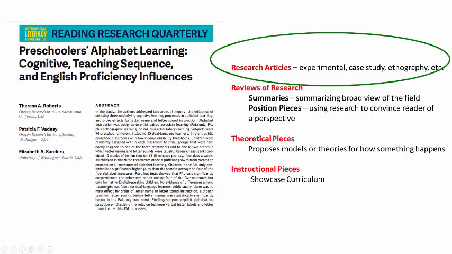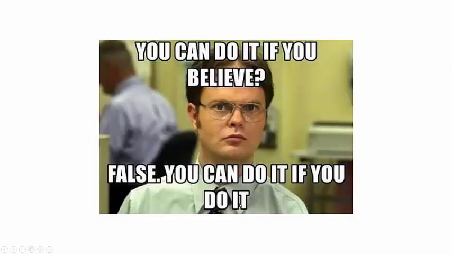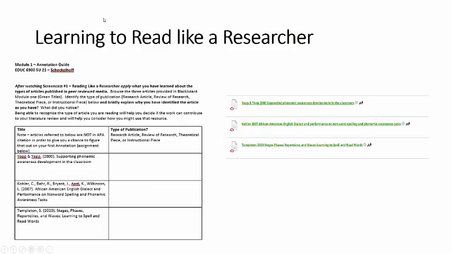Okay, so we are going to take Dwight's advice. And you can do it if you believe. Nope, you can do it if you can do it. So let's let you try this. On your Module 1 annotation guide, which is attached on Blackboard, you have this little display.